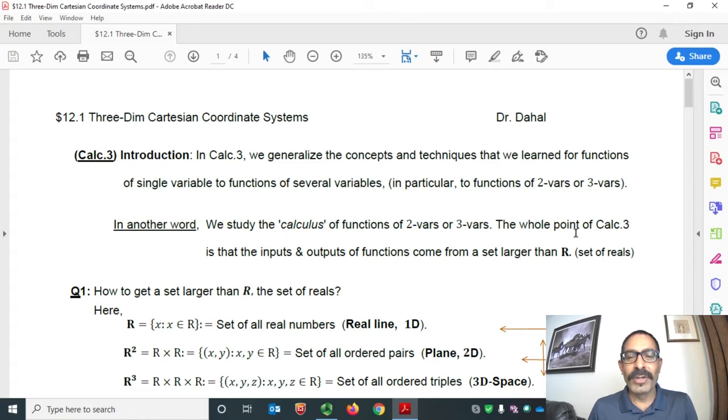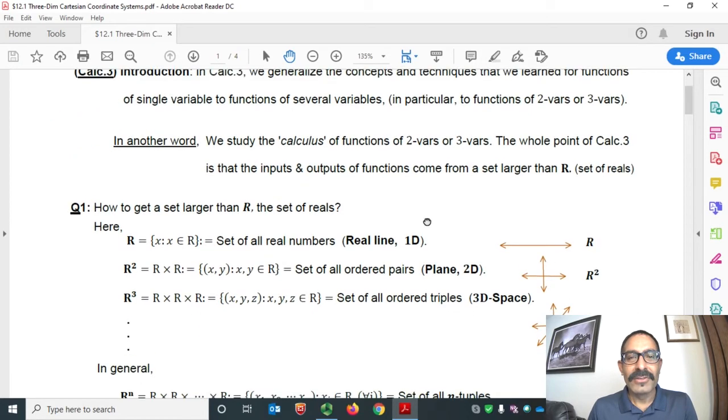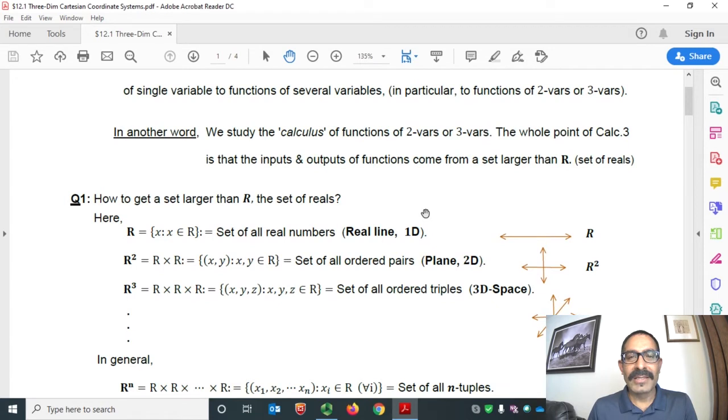The whole point of Calculus 3 is that the input and output of our functions come from a set larger than R, the set of reals. So the question we ask ourselves is how to get a set larger than the set of reals.